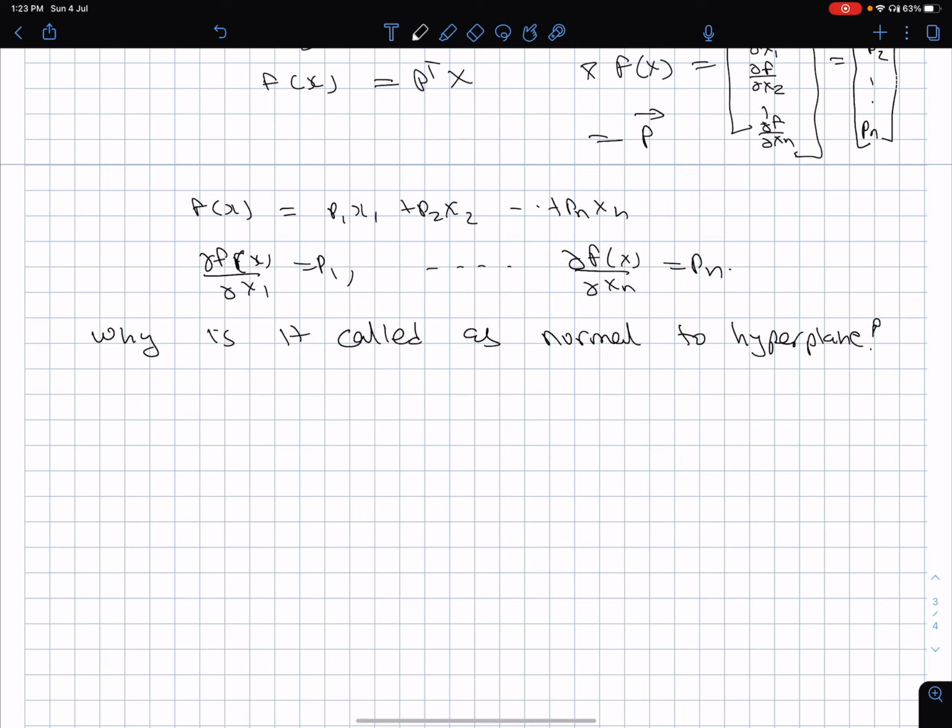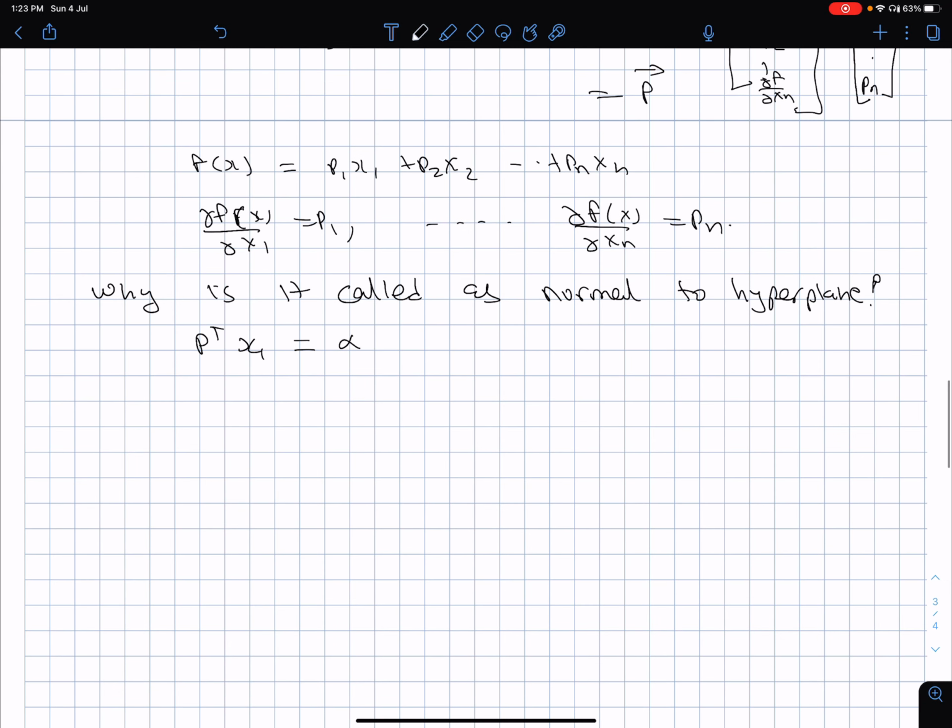Let's say x1 is a point such that P transpose x1 is equal to alpha, which means x1 belongs to set S. Let's say x2 is another point such that P transpose x2 is equal to alpha, so x2 belongs to set S, and x1 is not equal to x2.